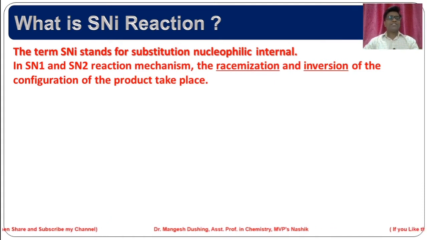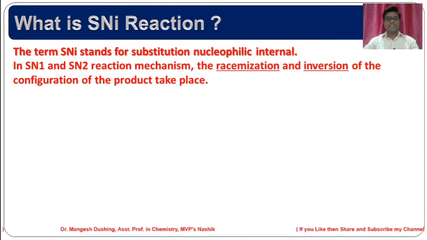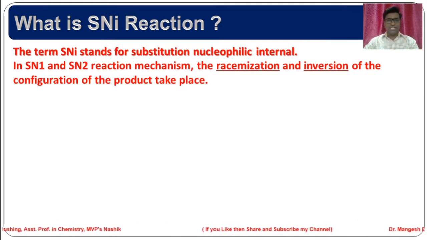Friends, in the case of SN1 and SN2 reaction mechanisms, the stereochemistry of the substrate and product, that is the racemization and the inversion of configuration of the product, takes place. As we know, in an SN2 reaction there is inversion of configuration, while in an SN1 reaction there is a percentage of racemization of the product.